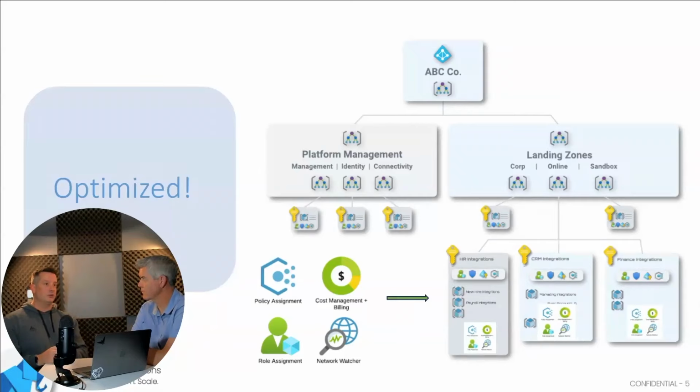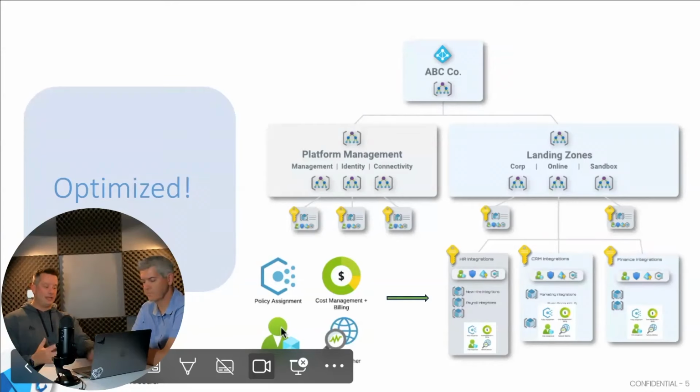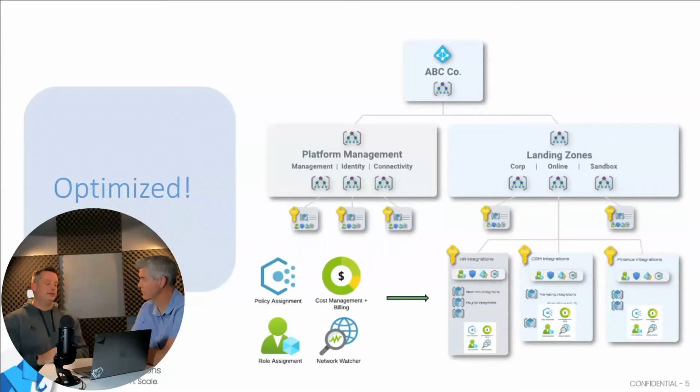If I wanted to bring one up around logistics, I can now apply different policies. I know what my cost management is, and access control, so I can have my role management managed there, my network managed there. So I think that's where, in this migrate or optimize or modernization of your integration, it's optimized already just by following the guidance of the Cloud Adoption Framework.